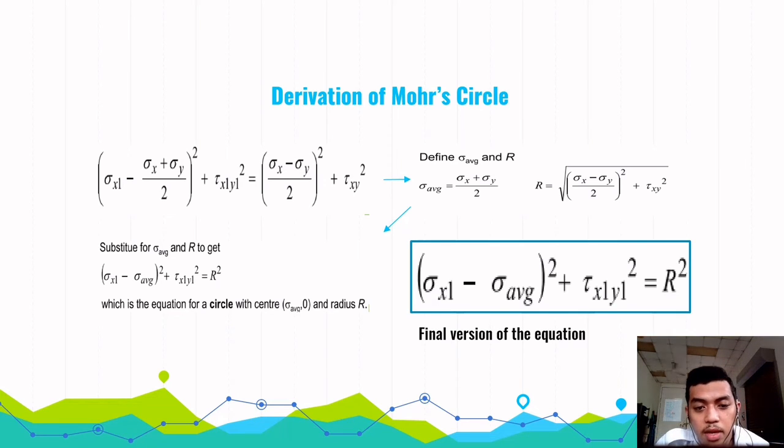Sigma average will be equal to sigma x plus sigma y over 2 and radius will be square root of open bracket sigma x minus sigma y divided by 2 close bracket to the power of 2 plus tau xy squared. Next, we can substitute for sigma average and radius to get the final equation, which is open bracket sigma x1 minus sigma average close bracket to the power of 2 plus tau x1y1 squared will be equal to radius squared.